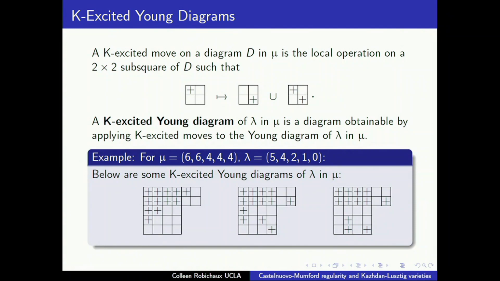So here I have a few examples of different K-excited Young diagrams for lambda in mu, where this first one is our initial diagram, this second is doing only ordinary excited moves, and this one is doing one K-excited move here, and then this diagram isn't doing any K-excited moves.